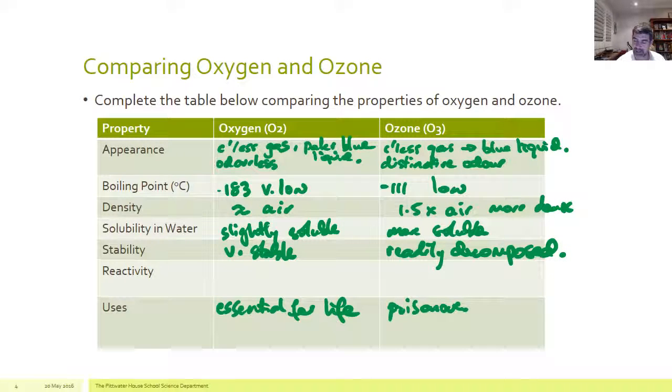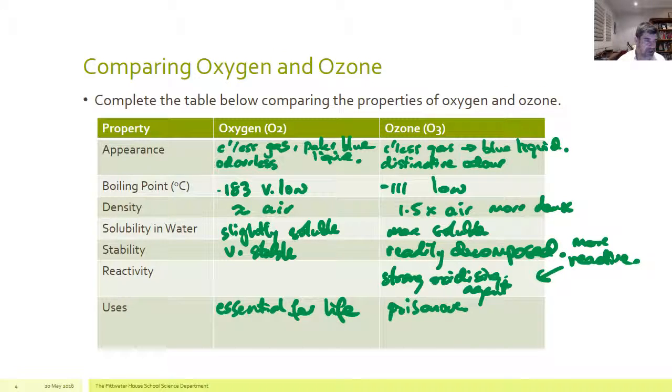And it's more reactive, so therefore more reactive. And that's one of the things that we want to look at in this next one in terms of reactivity. Ozone is a strong oxidizing agent, and oxygen is a moderate oxidizing agent. We know both of these are very good, but the ozone is more reactive, and it's just important to know that in terms of comparison.